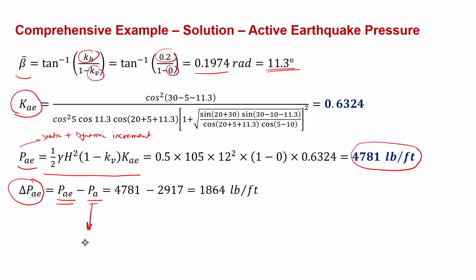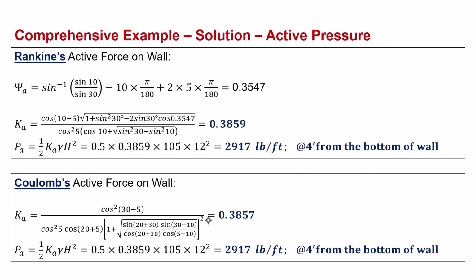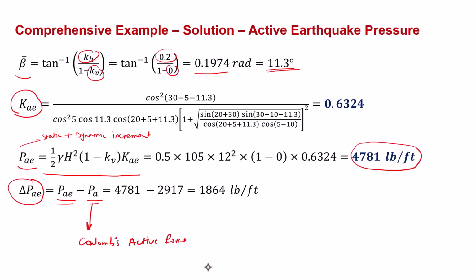This comes from Coulomb's active force. We already found it in this slide. So delta PAE would be 1864 pounds per foot.